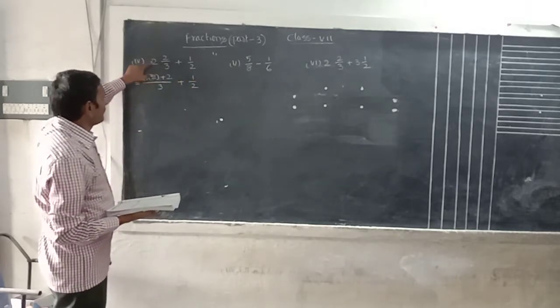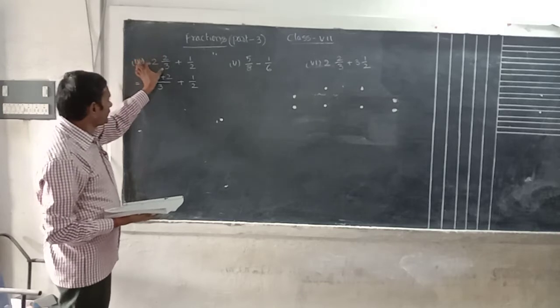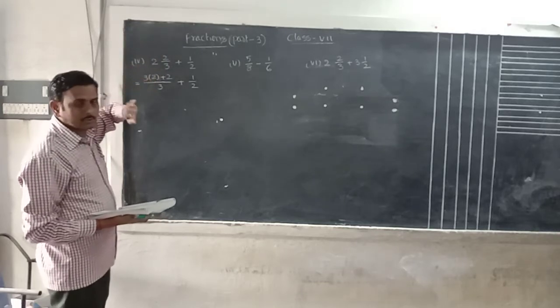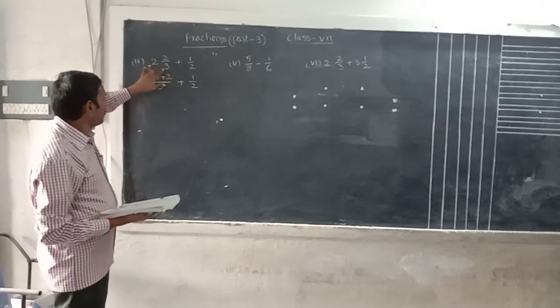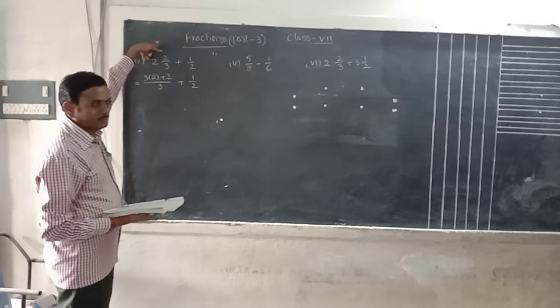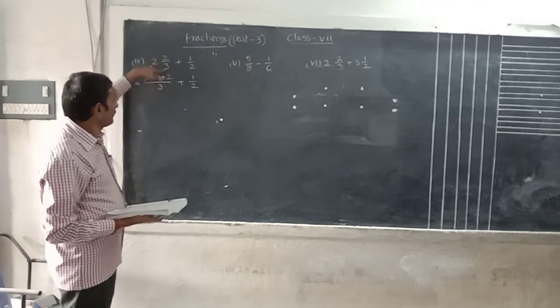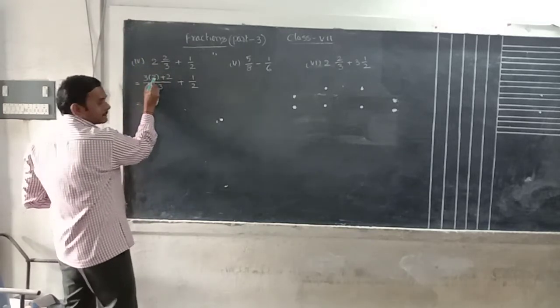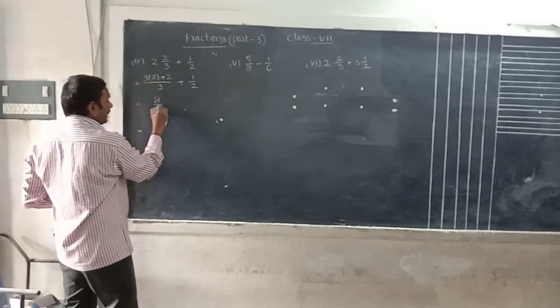Multiply these two and add with the numerator. 3 twos are 6, 6 plus 2 is 8 by 3.